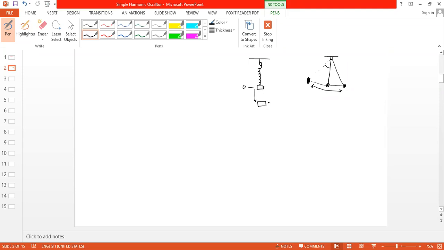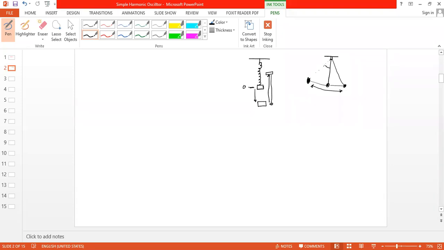Then it starts moving upward, but it doesn't stop here, it goes further, maybe to here, and then once it goes there, it starts going downward again. Okay, so it's going to move once upward and downward. So again, this kind of motion is a simple harmonic motion.